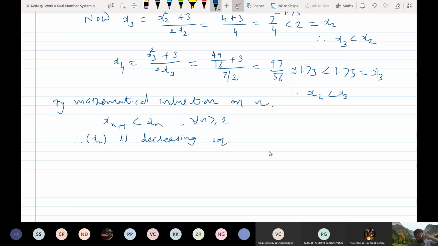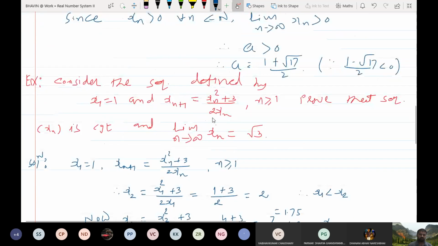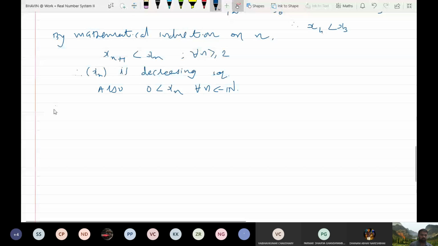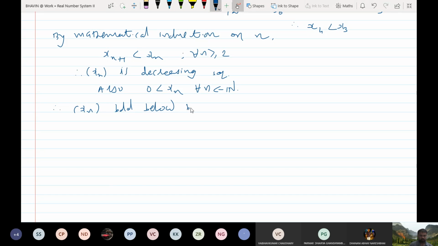Clear? Now xn's are positive for all n. 0 is less than xn for every n belonging to N. From the very definition of the sequence, you can see that all the terms of the sequence are positive. So 0 is a lower bound of the sequence xn, or xn is bounded below by 0.